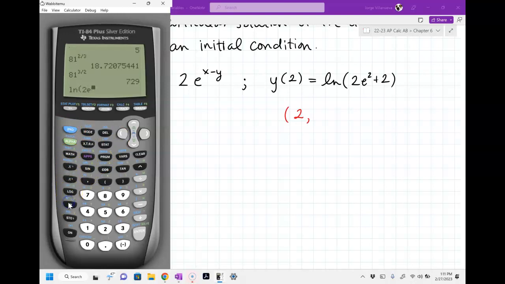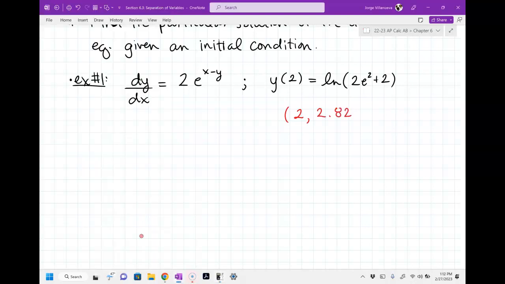Second natural log, there we go. e squared plus 2. So 2.820, I know you're supposed to keep 3 numbers after the decimal, but in this case it doesn't matter. So 2.82. There's my x and y. That's my initial condition. Okay?